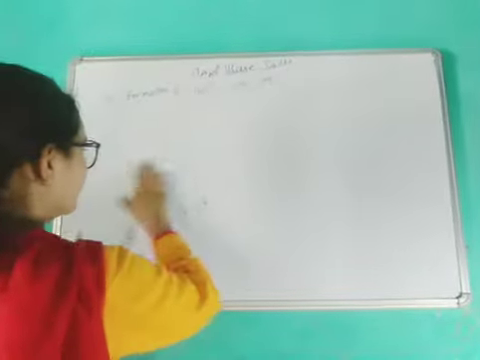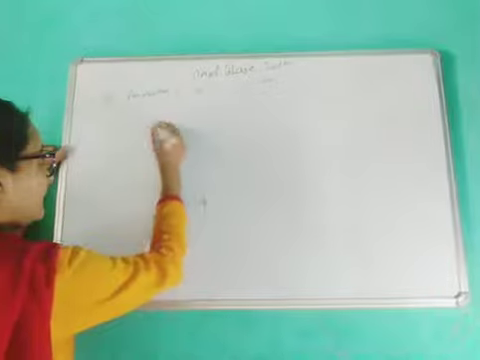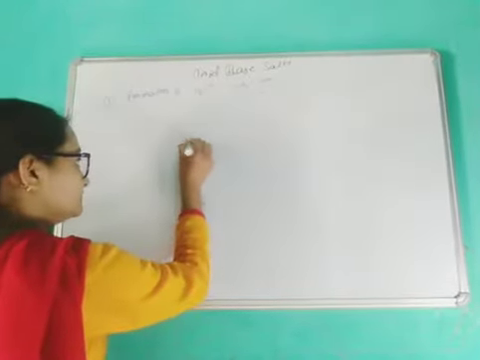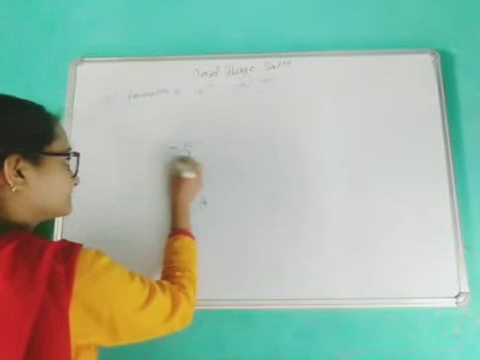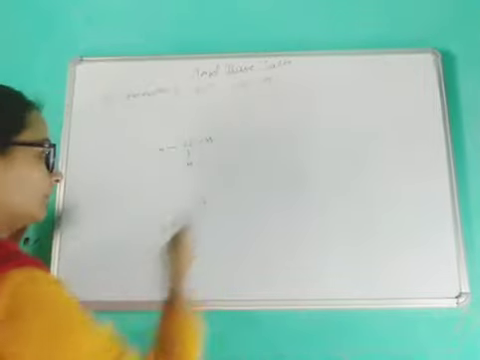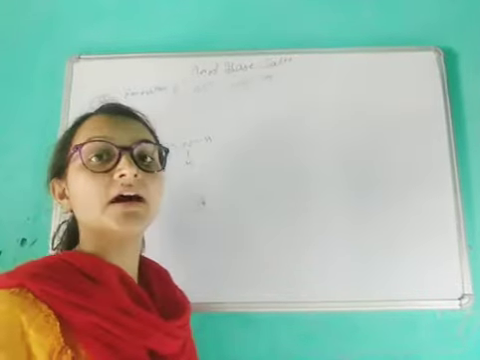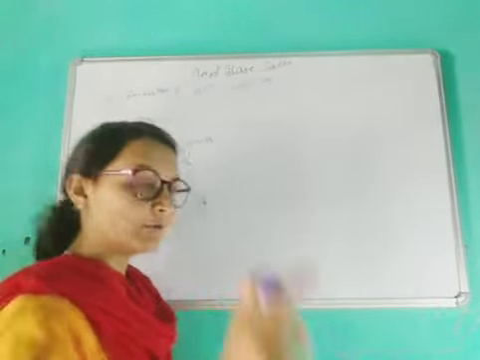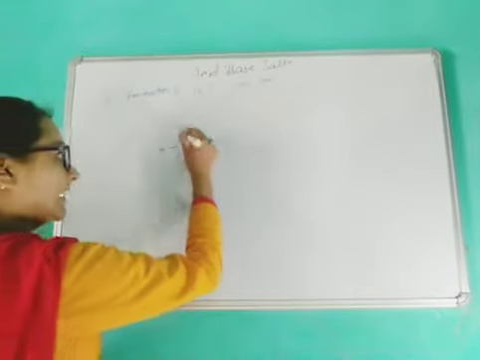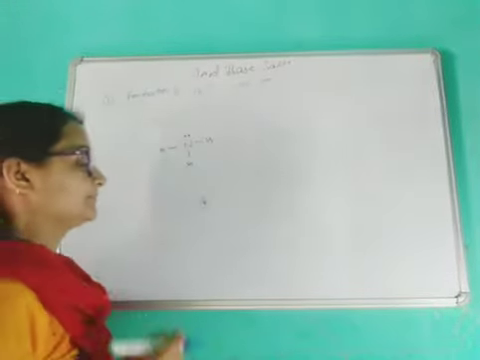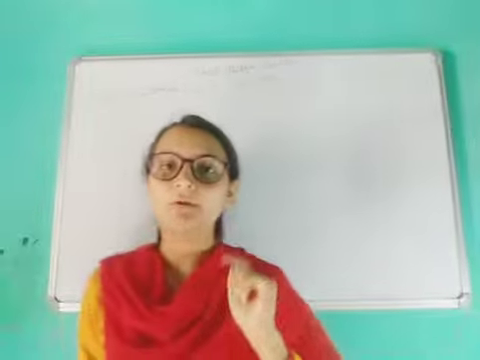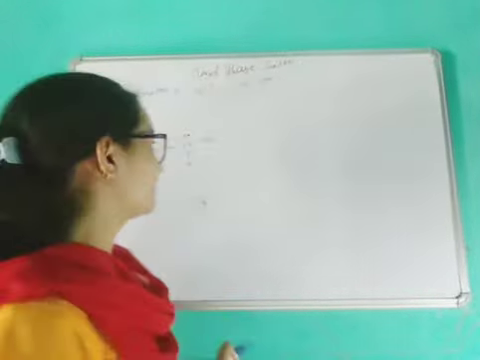Now similarly you have to make NH4. You have NH3. Nitrogen has 5 electrons in its outermost shell. Now 1, 2, 3 and 4, 5. That means nitrogen has only one lone pair of electrons.